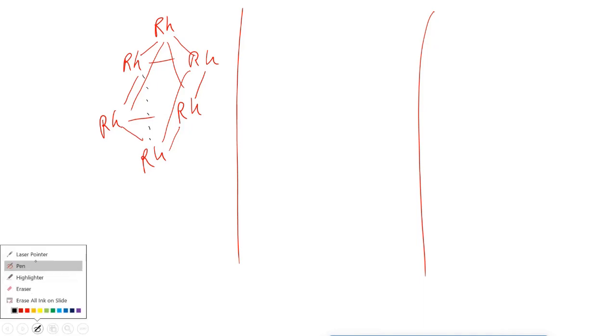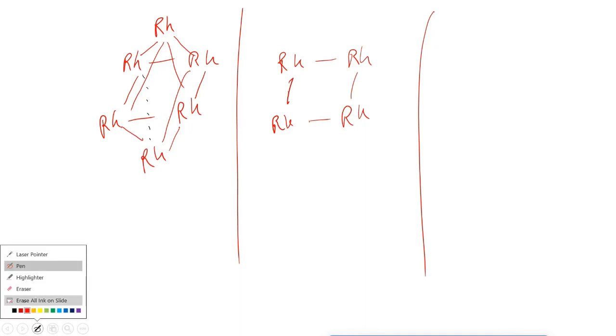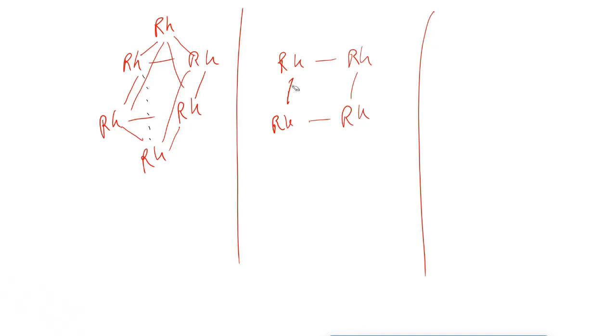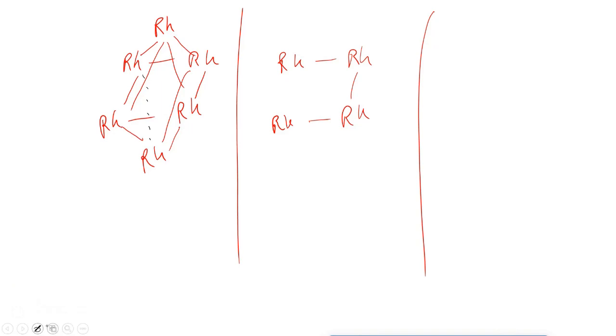Now another case may be that one rhodium bond which is just at the edge can also be absent, like this structure.